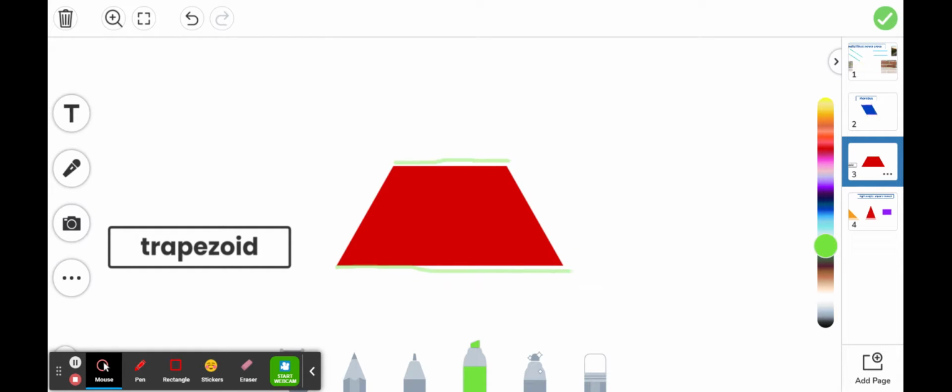Those 2 lines, if we extend them out forever and ever, they'll never cross. Now, these lines are not parallel, because if we extend them out, eventually they're going to cross. So it only has 1 pair of parallel lines.